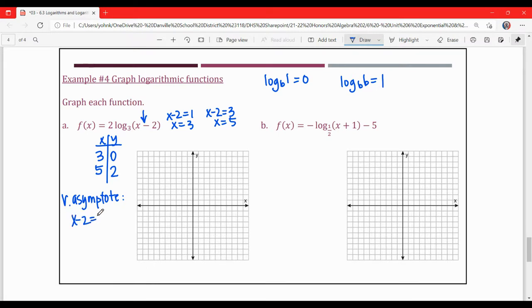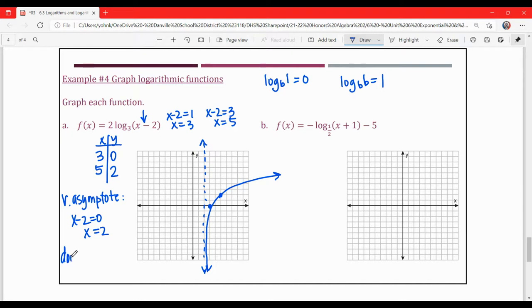X minus 2 equals 0, so x equals 2. So I can draw my vertical asymptote, and then I can plot my points 3, 0, and 5, 2. This is going to make my picture get really close to x equals 2, and then get bigger.